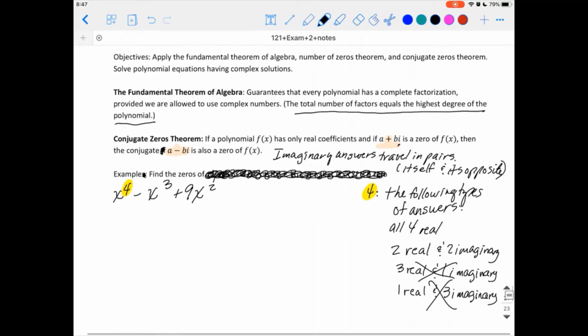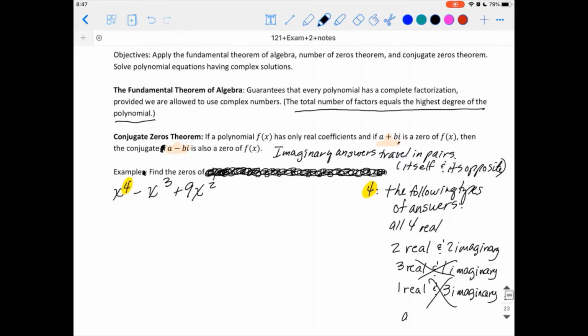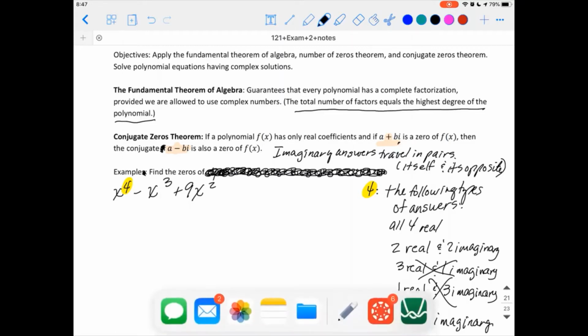So the other possibility is that all 4 could be imaginary, because I can have two pair of imaginary, itself and its opposite, and then another pair of imaginary, which is itself and its opposite.